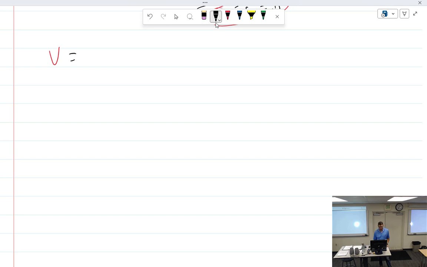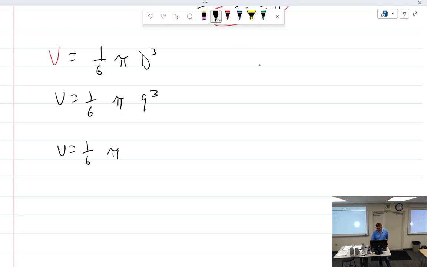Volume equals 1/6 pi diameter cubed, so its volume equals 1/6 pi times 9 cubed. Okay, so volume equals 1/6 pi times 729.